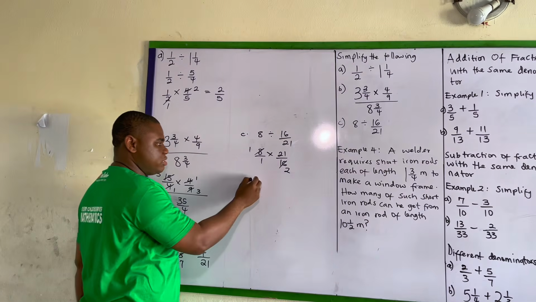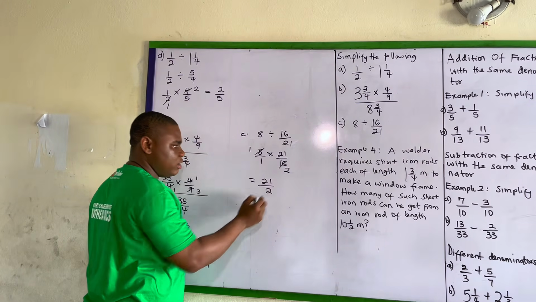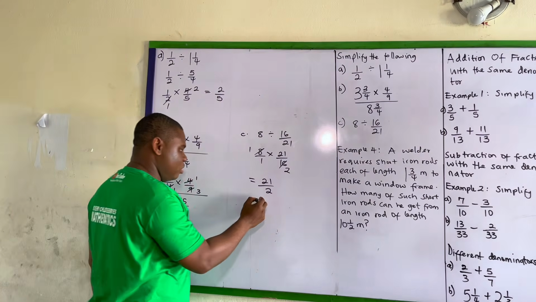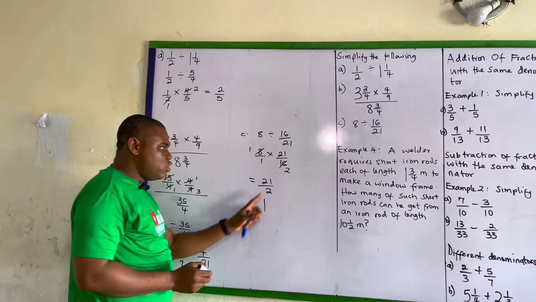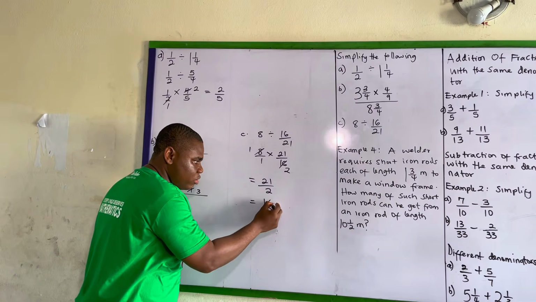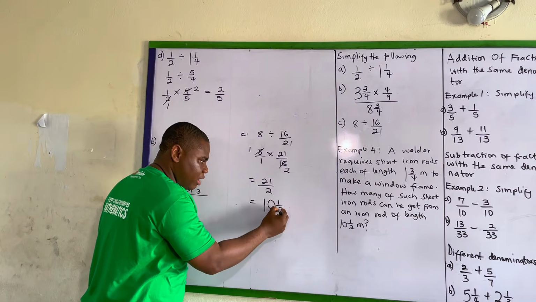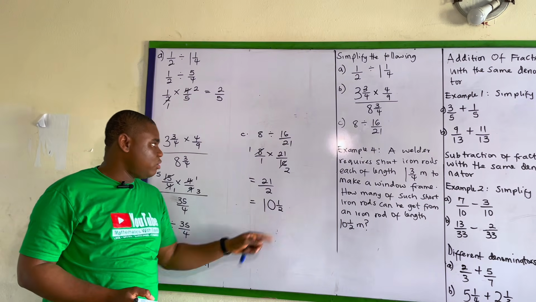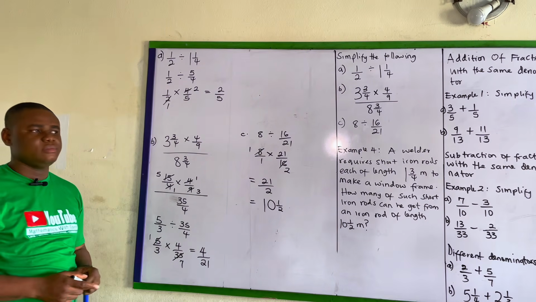So I'll be left with 21 over 2. 2 goes into 21, that is 10 times, remainder 1. So 21 divided by 2 will give me 10 and 1 over 2.